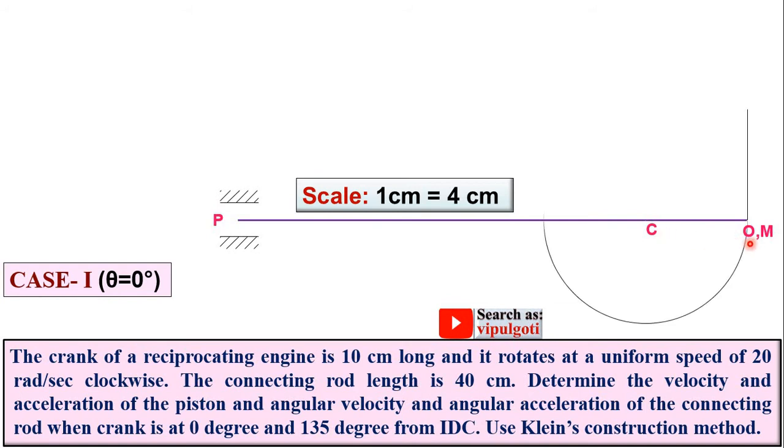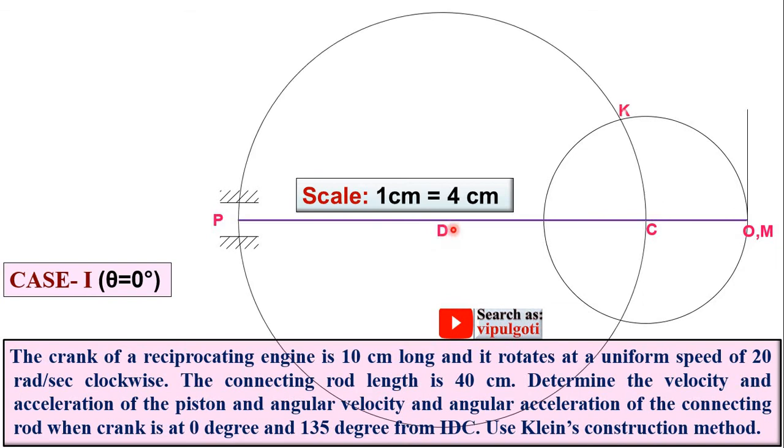Now next step. Draw the circle with C as center and CO as the radius. Then mark the midpoint of this connecting rod CP and give the name as D. Next, once again draw the circle with D as center and DC as the radius, which will cut the previous circle at 2 points.